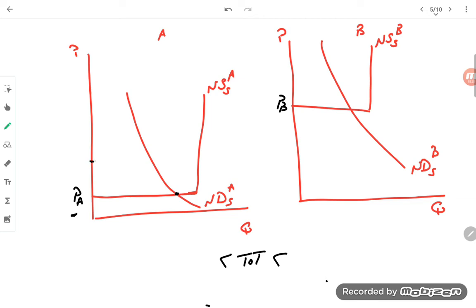So TOT will be higher than the autarky price of the country that will specialize in the production of soybeans and lower than the autarky price of the country that will import soybeans.